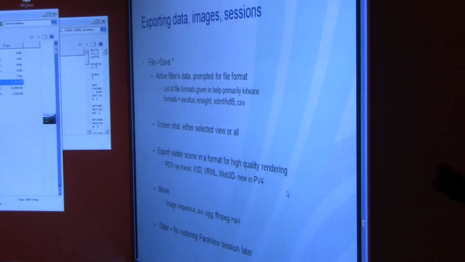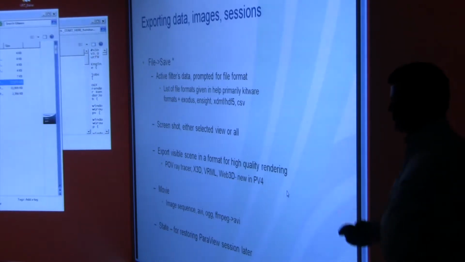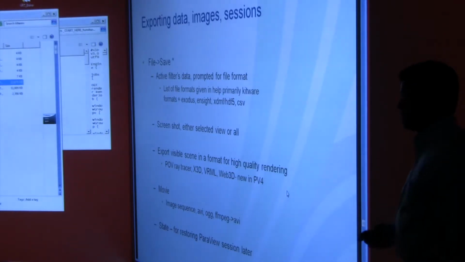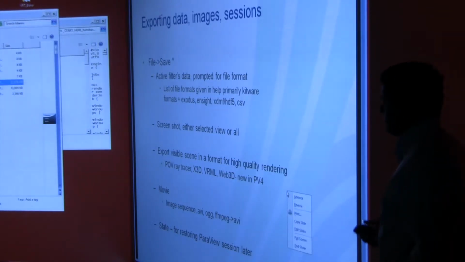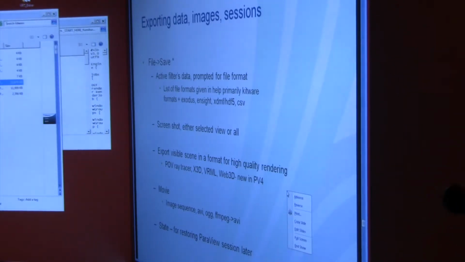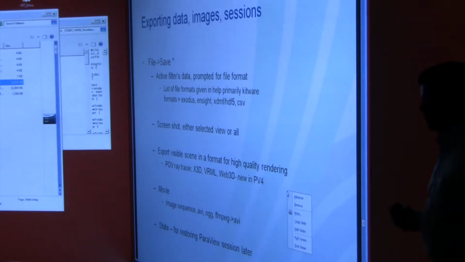So if you have animations, you can export them as movies if you want to put them on your website, or take them to your conferences and whatnot. And recently we have added support for exporting the image as vector graphics, so you can really produce high quality images for your publications.